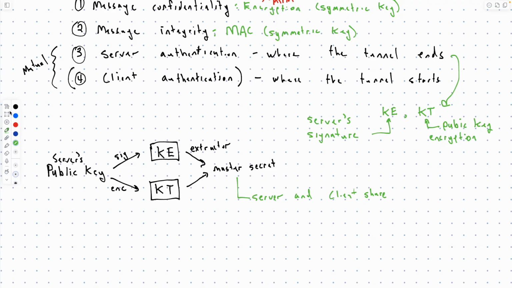And the adversary, even if they're in the middle and they watch this whole key exchange happen, all the messages back and forth, or they watch the key transport happen, which would just be one message in one direction, they're not going to know what the master secret is. That's what these protocols guarantee.